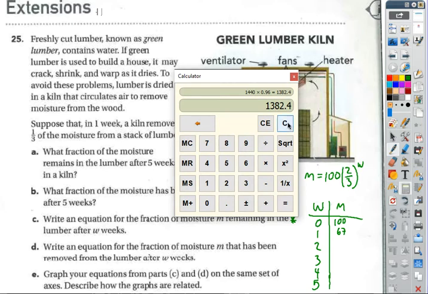And now, if I have 67%, actually let's just keep it in a percent, and I'm going to multiply it by 2/3, 2/3 being 0.66667. Then I will have, and again I'm rounding to the nearest whole percent, 45% of the original moisture remaining after 2 weeks.